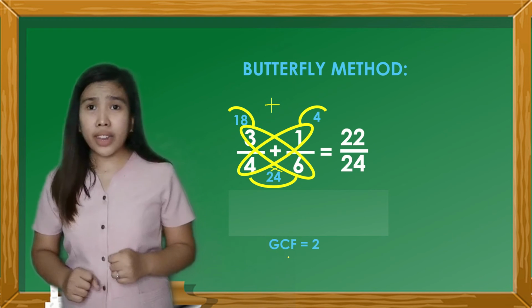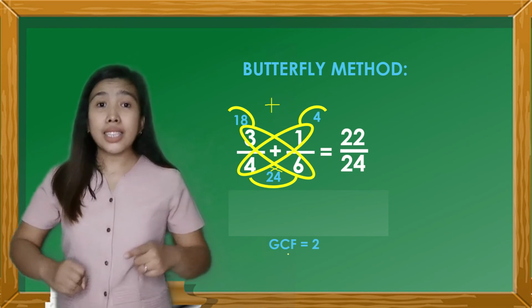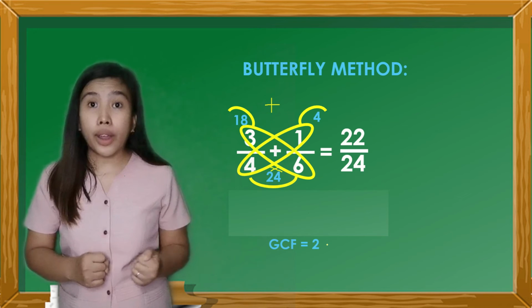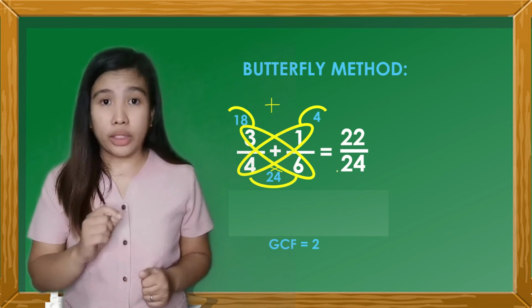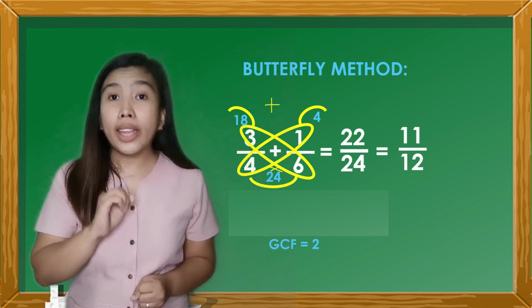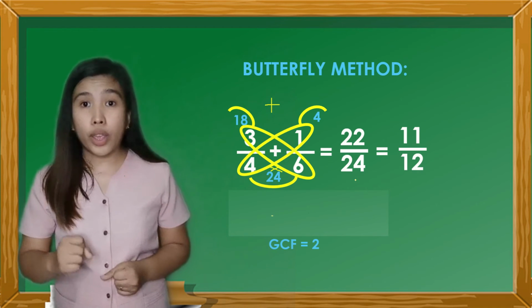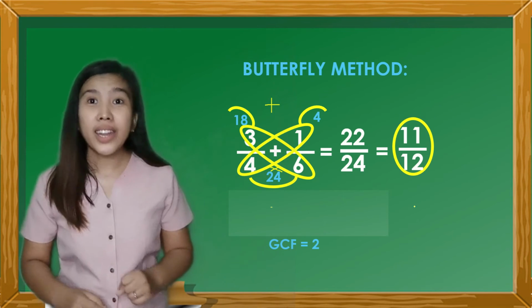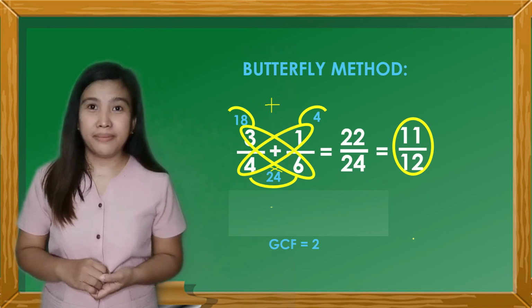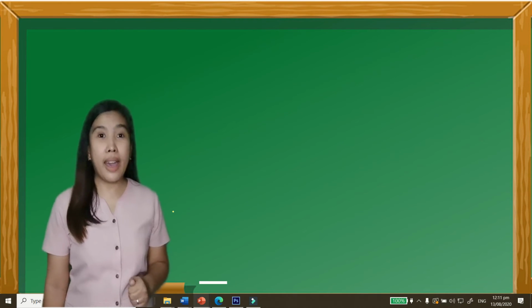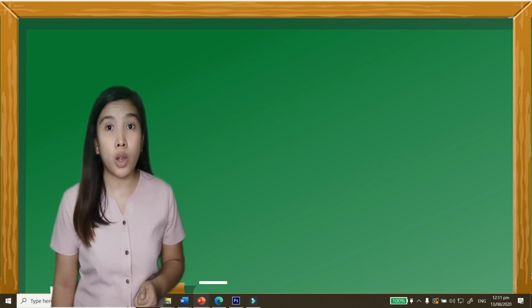So after finding the greatest common factor, let us divide both numerator and denominator by 2. 22 divided by 2 is equal to 11. And 24 divided by 2 is 12. So the sum now is 11 over 12.